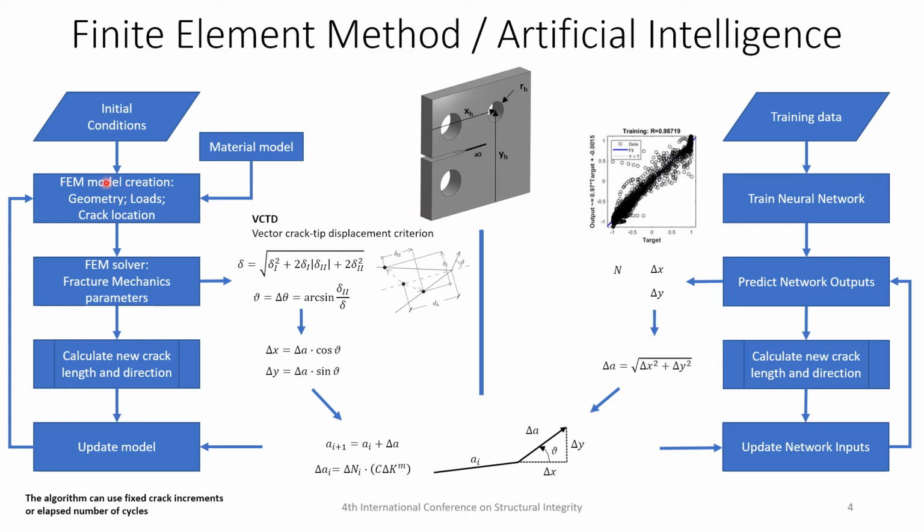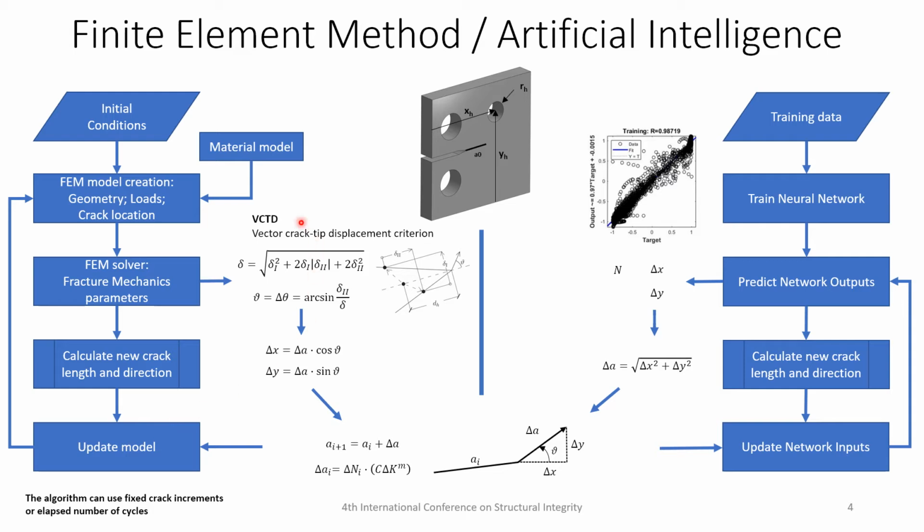We solve this problem using a finite element analysis approach, a numerical approach. We establish the initial conditions, then we create the model and define the material model, use the finite element solver to calculate the fracture mechanics parameters, calculate the new crack length and direction, update the model, and start again.